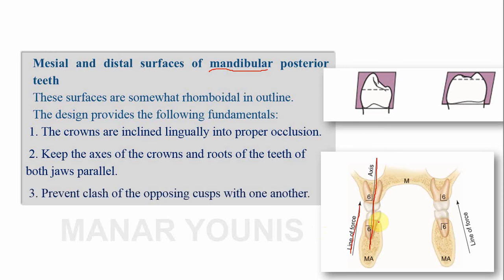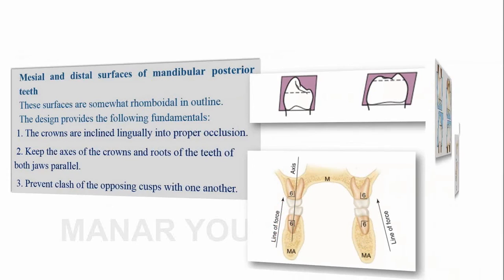Otherwise, if the configuration was not like this, it would result in a clash of the opposing cusps with one another and transmit harmful, heavy forces to the supporting structures, which will lead to damage and destruction of these structures.